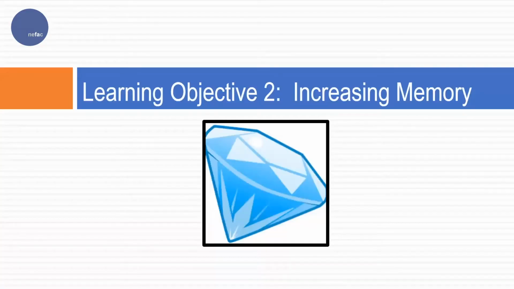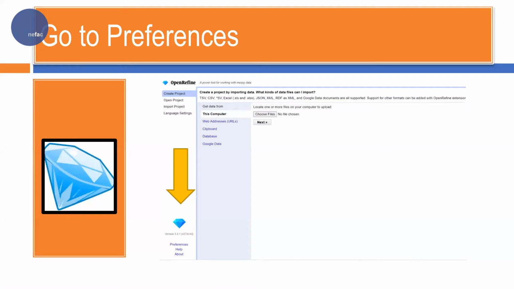You can also change the memory in Refine. There's a default number that it's set at. The way to change memory or increase memory if you're bringing in a really large data set is on the sort of the home page, the interface page. You go to Preferences, which is just below this little diamond here.